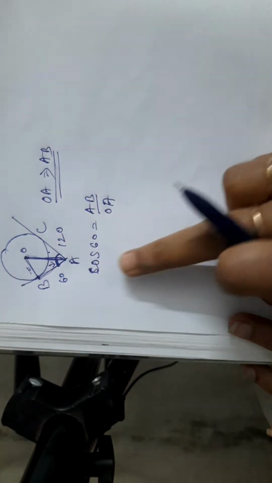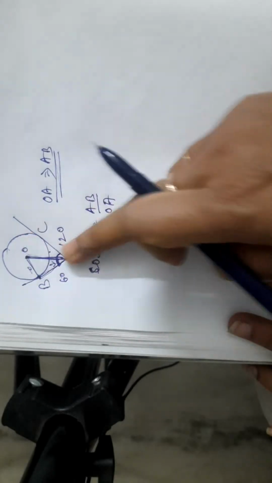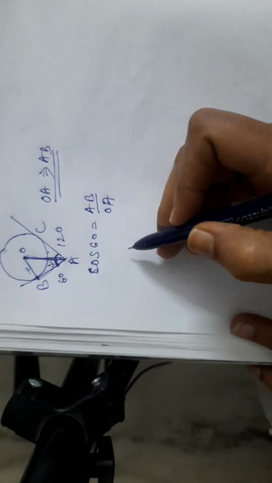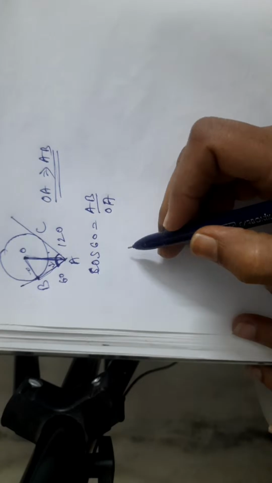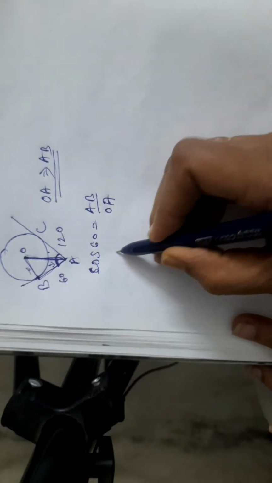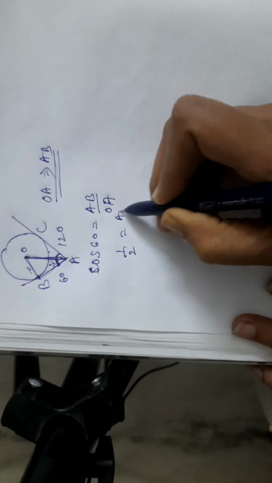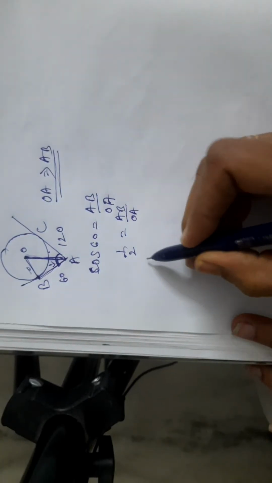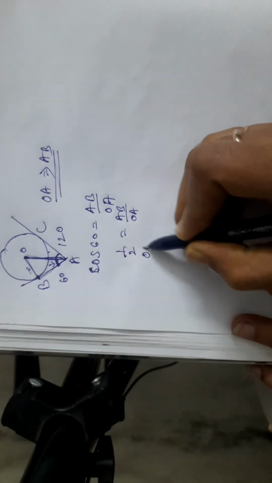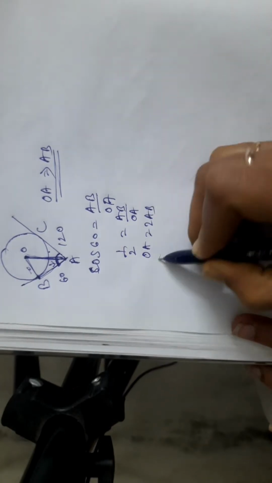Cos 60 is base by hypotenuse. What's the value of cos 60? Same as sin 30, so AB upon OA, cross multiplication. Very nice. So here OA is 2 times AB.